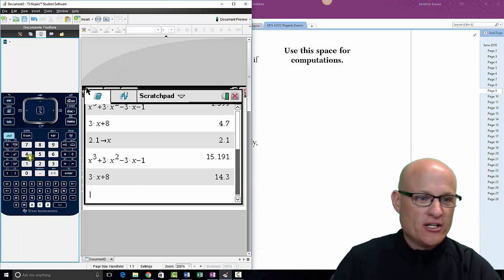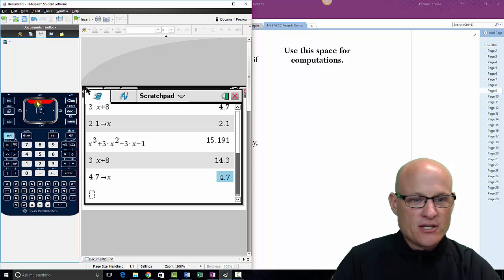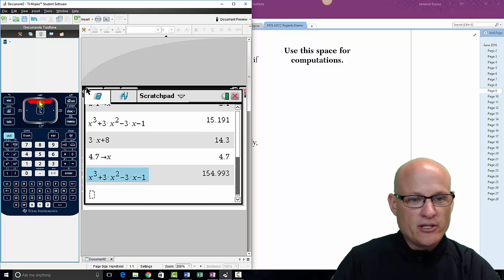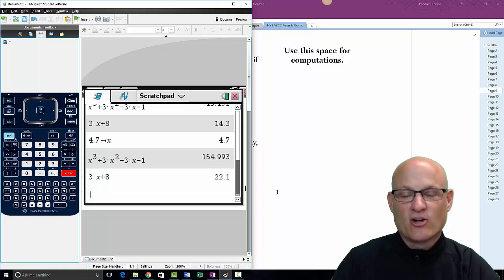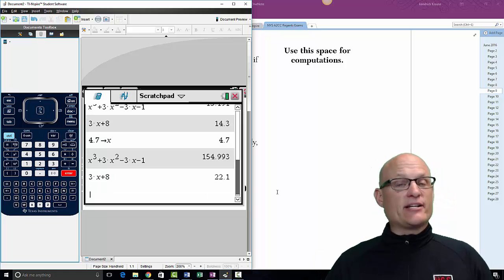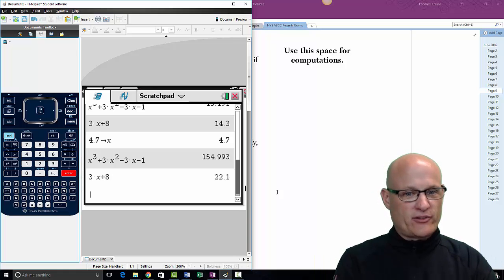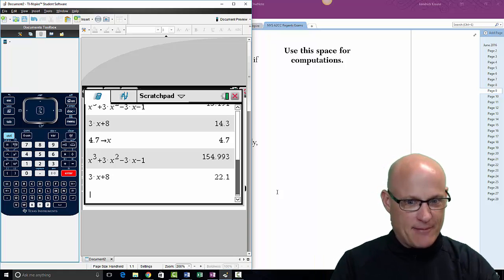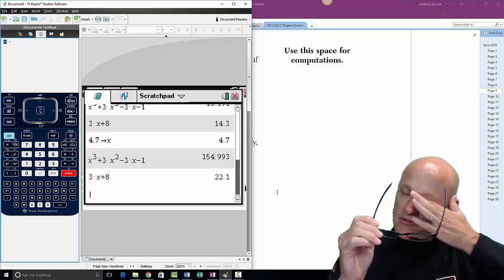Let's try 4.7. 4.7, control var x. I'm just curious what this one's going to give me. Go up here, get this first equation, enter. Go up here, get this equation, enter. Oh my God. Okay, so if you had gone through all four, that one is clearly so far away it can't be right, and so that would be the right answer.